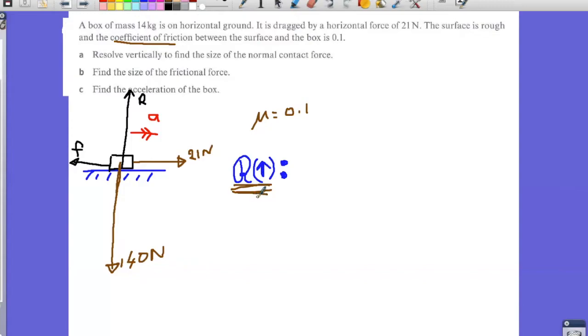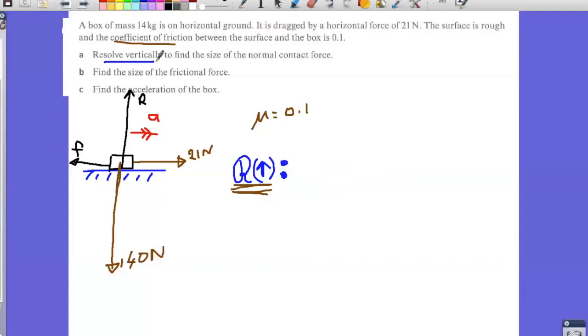This means you are applying Newton's second law vertically. So either you use this or you explain in words that you apply Newton's second law vertically or consider forces vertically. You have to state that, not just write down the equation, okay? In mathematics, you have to be very clear in what you are doing. It's like you are talking to somebody, so you have to be clear in your speech.